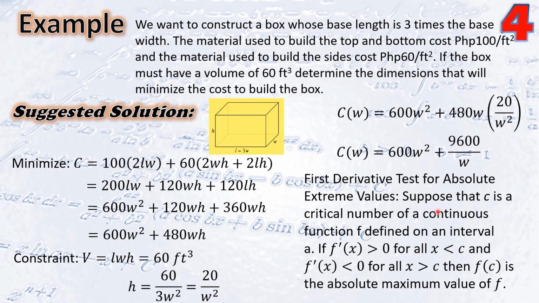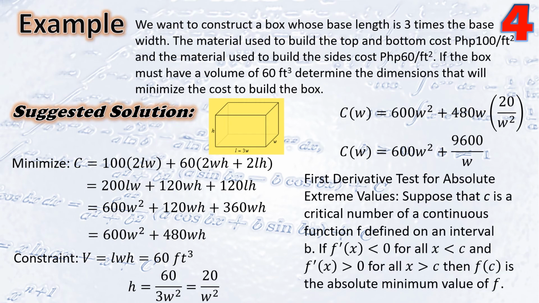Suppose that c is a critical number of a continuous function f defined on an interval. Letter A, if f prime of x is greater than 0 for all x less than c, and f prime of x is less than 0 for all x greater than c, then f of c is the absolute maximum value of f.